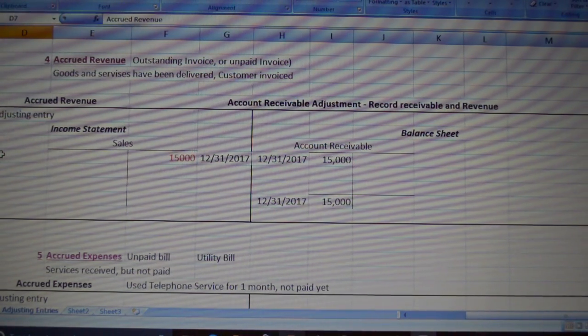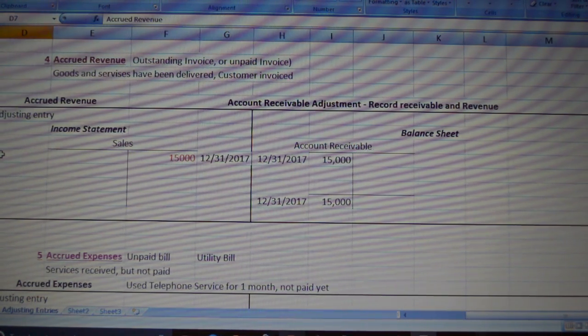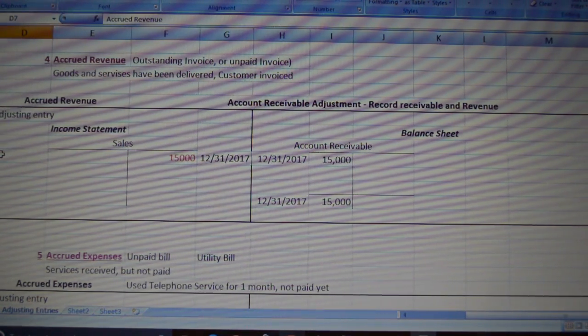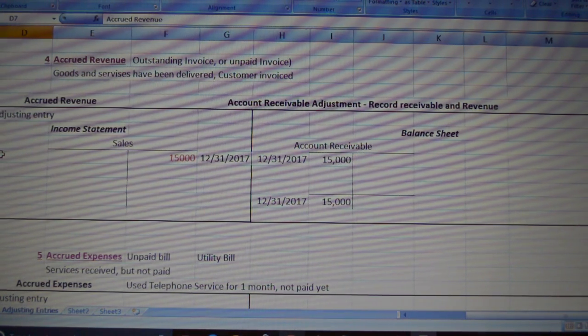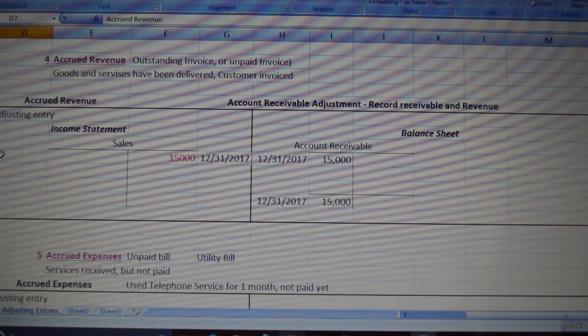Now, in this case, we will initially record the account receivable and we will record the sales because we have earned the revenue and the customer has not paid us yet. So the entry for this is debit account receivable and credit sales.